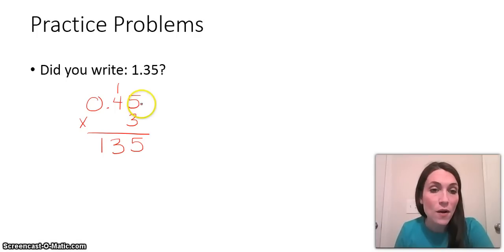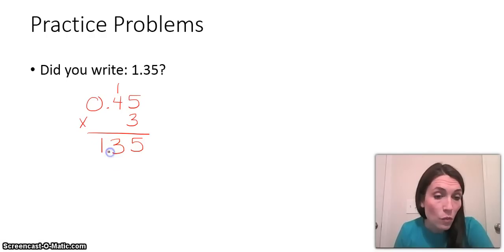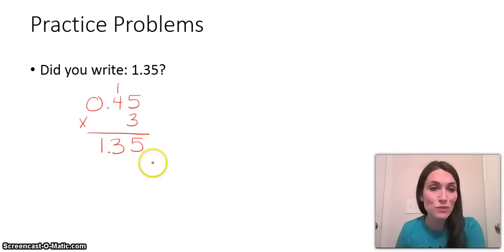Okay, now I have 2 decimal places. So if I start right here, which is if the number was 135, this is where the decimal point would be, and I've got to move it 2 places. 1, 2. So I get 1 35/100.